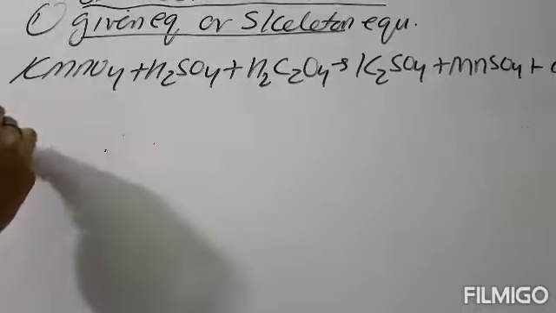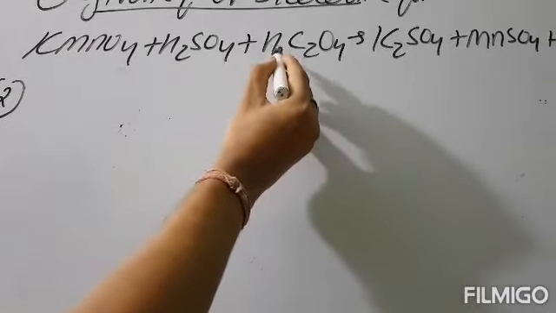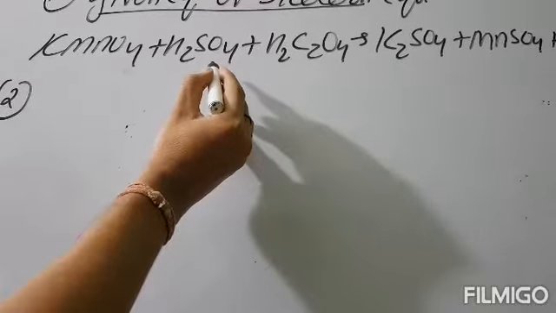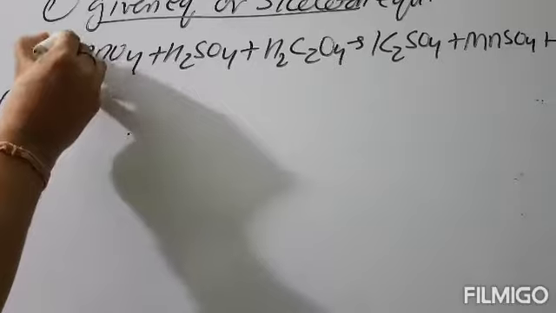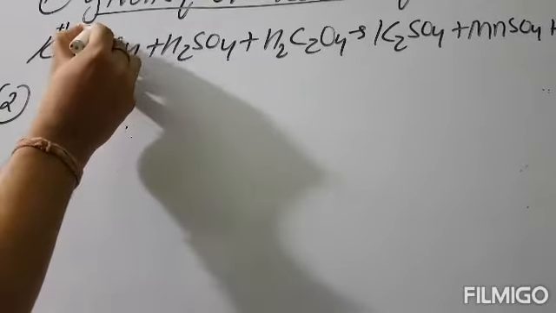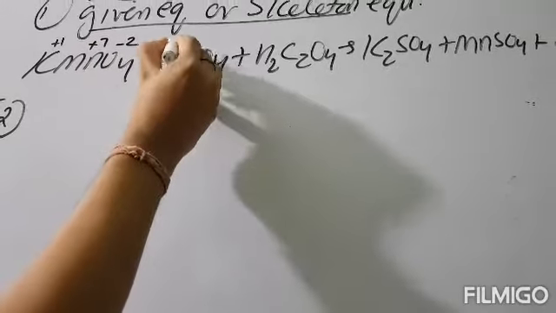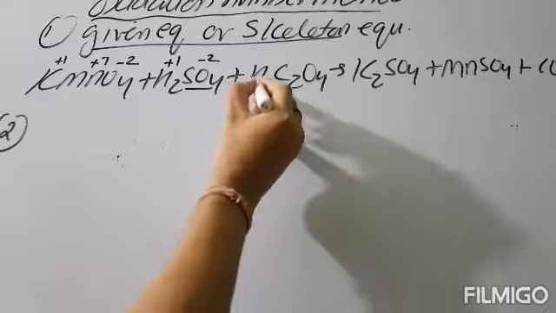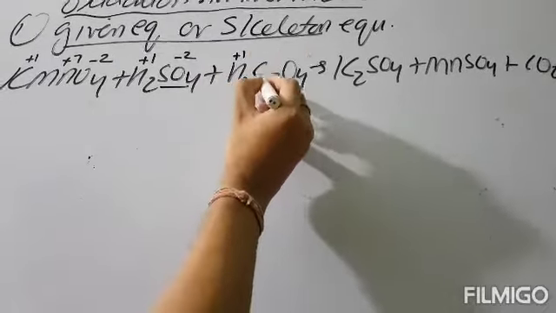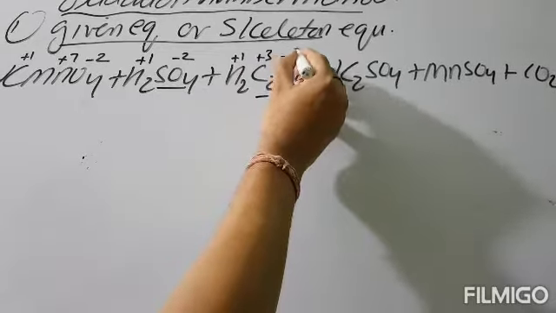The second point is that we are going to write the oxidation number of all the atoms written here, which I have taught you in the previous video. For potassium it is +1, for manganese it is +7, for O it is -2, for H it is +1, sulfate is -2, for H again +1, for carbon it is +3, for oxygen it is -2.